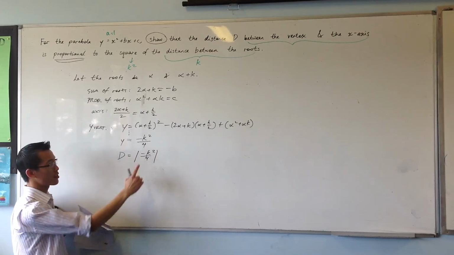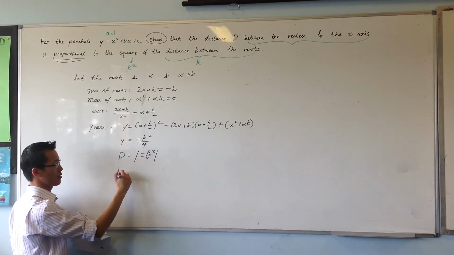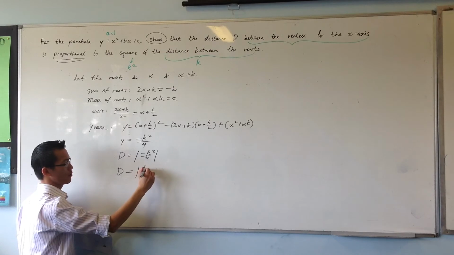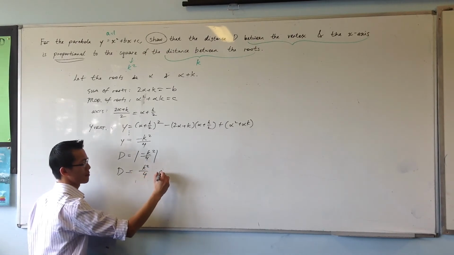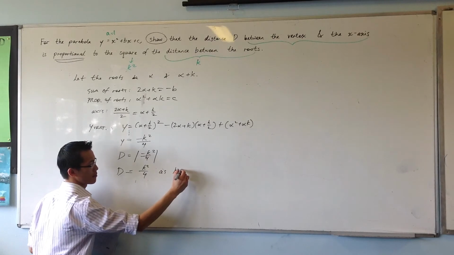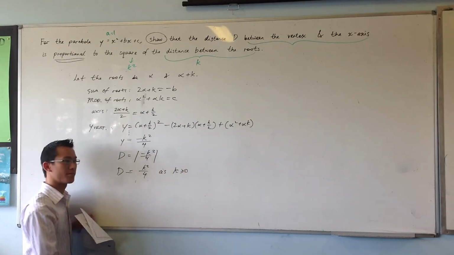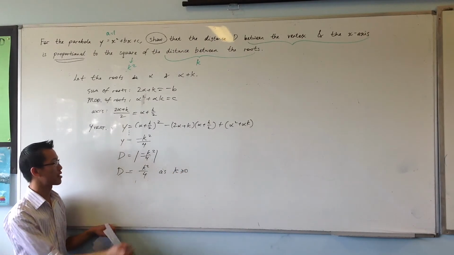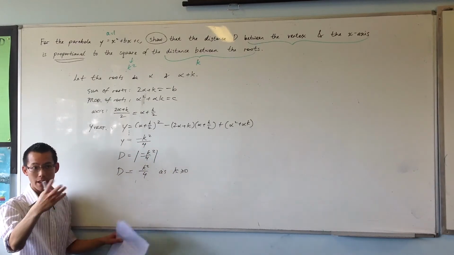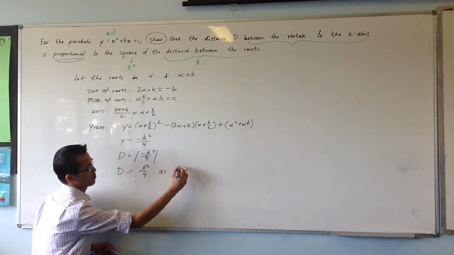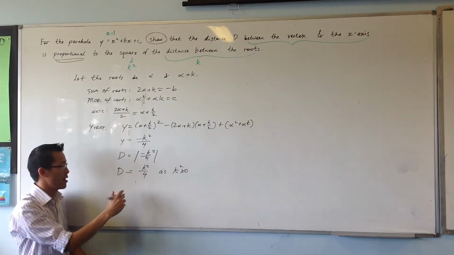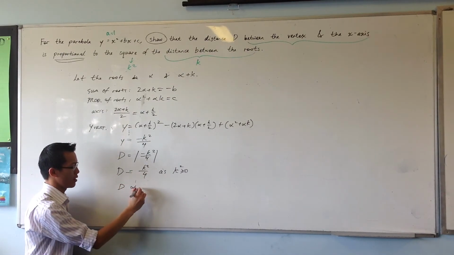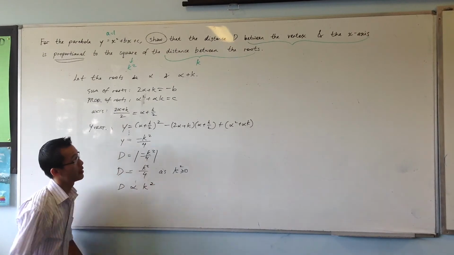And because I already know k squared is positive, I can get rid of this, because that's what takes care of the absolute value, whether it be negative and that kind of thing. Sorry, I should have said k squared. All right, and that's already the statement. I'm already there. So d, at this point, is proportional to k squared.